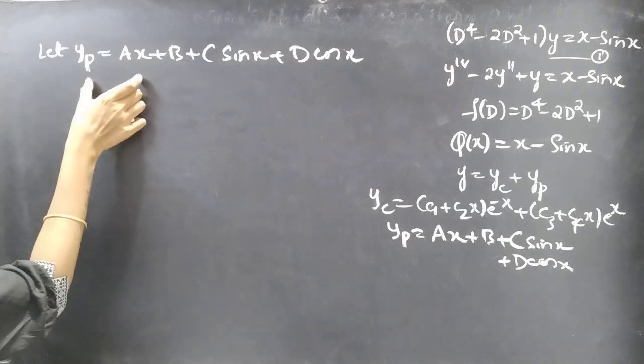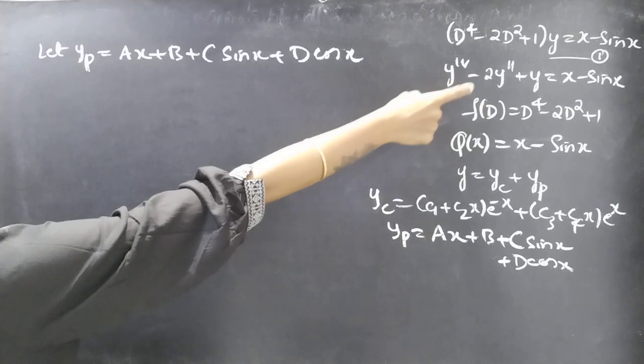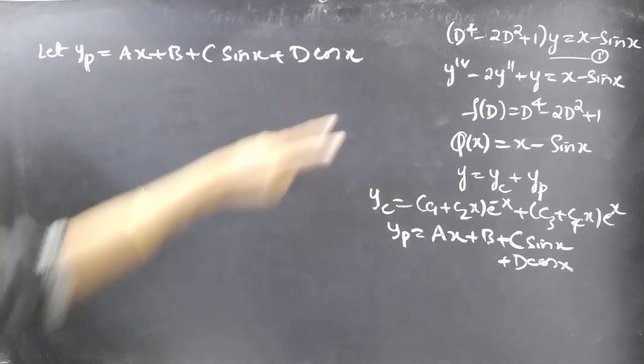We have chosen yp such that it satisfies the given equation. In the given equation we have y double dash and y power 4, right?